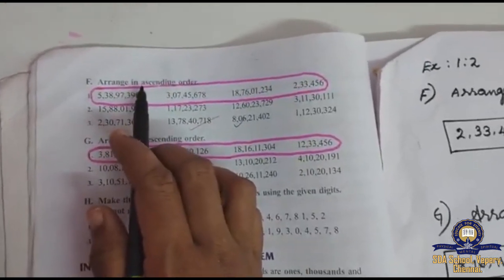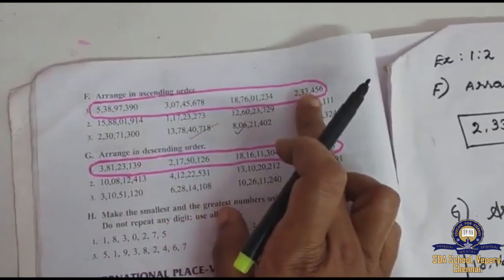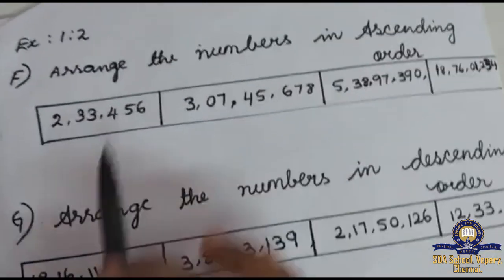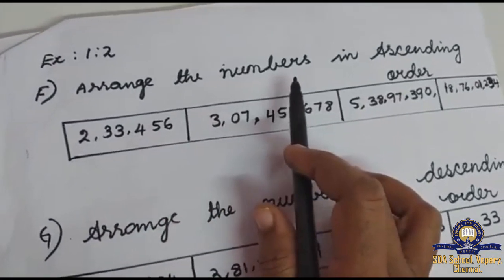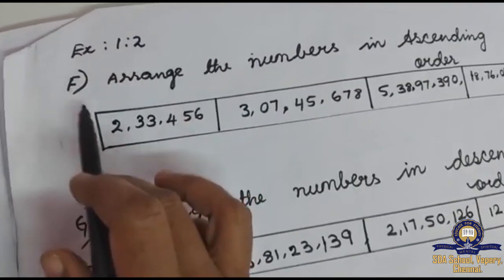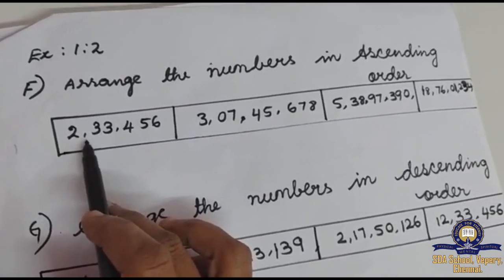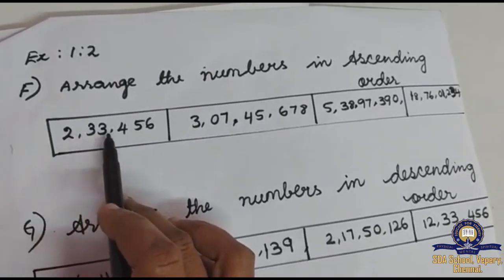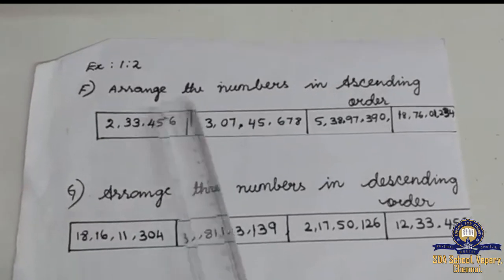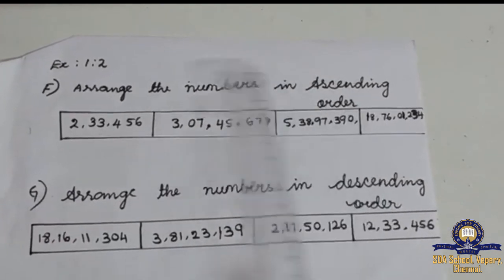For example, arrange in ascending order. See here, these are mixed numbers. We have to find from the smallest number to the greatest number. Arranging the numbers in ascending order, exercise 1.2, section F. The smallest number is here, 2,33,456. This is the example for arranging the numbers in ascending order.